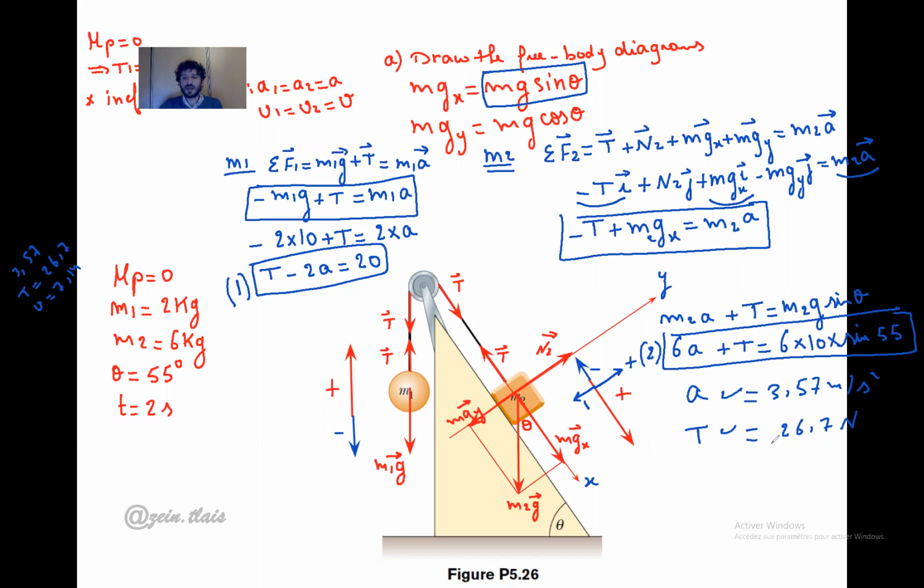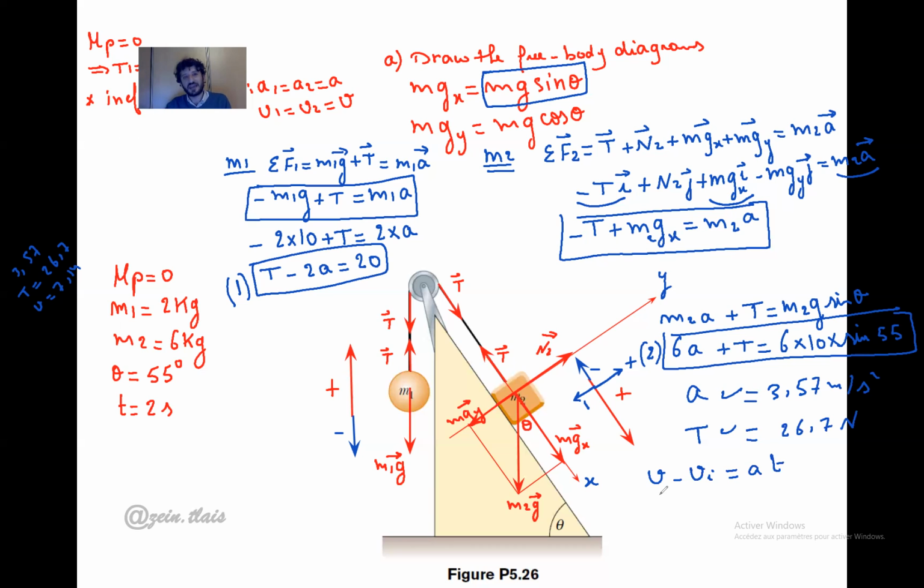Now we have to calculate the velocity V, or the speed as magnitude. To calculate V, you have to come back to the kinematics equations. You know, we have V final minus V initial equals A t. Here we don't have AX, AY. It's the same, okay? On the x-axis, you can say VX or V. It doesn't change. We have only one dimension on the x-axis. I'm talking about M2. M2 is moving along the x-axis.